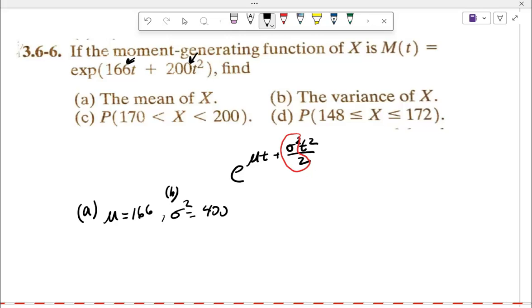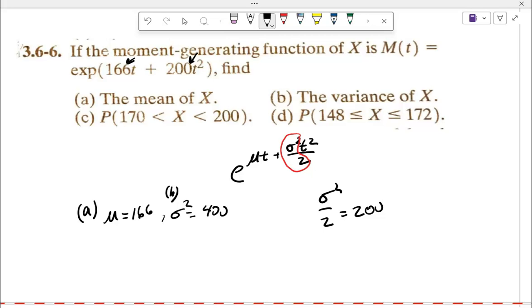So that was the point of parts A and B. The other two parts are to shift the general normal distribution to a standard one using that z-score idea. Do you have a question, Kevin? The coefficient on t squared is half the variance. So I have to double it to get the variance. Sigma squared over 2 equals 200, so I have to multiply both sides by 2.